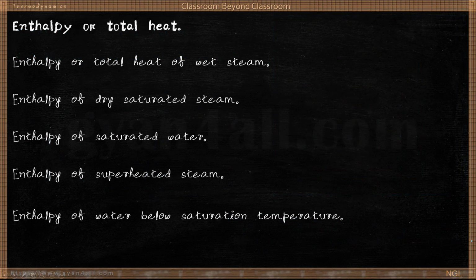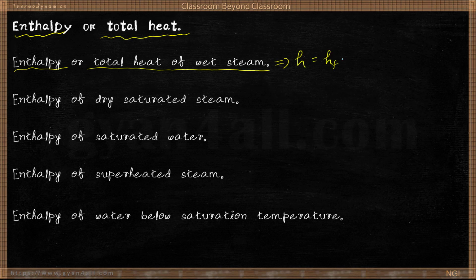Okay, so today we have discussed enthalpy, or total heat, at different conditions of the steam. We have discussed the enthalpy of wet steam: total heat H is equal to HF plus X HFG, where X is the dryness fraction of wet steam.